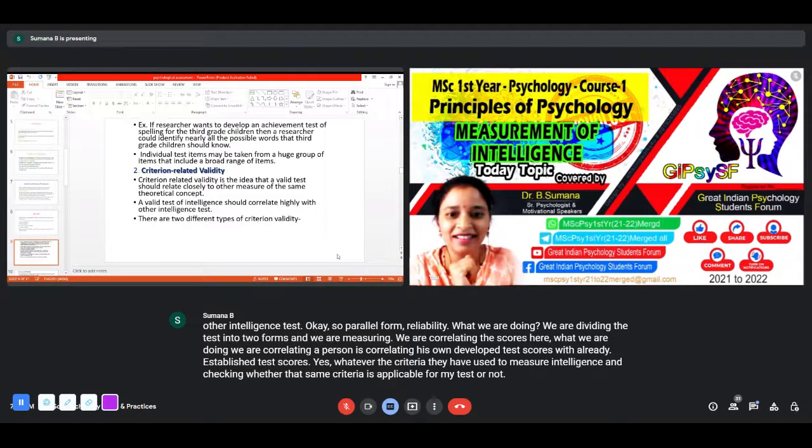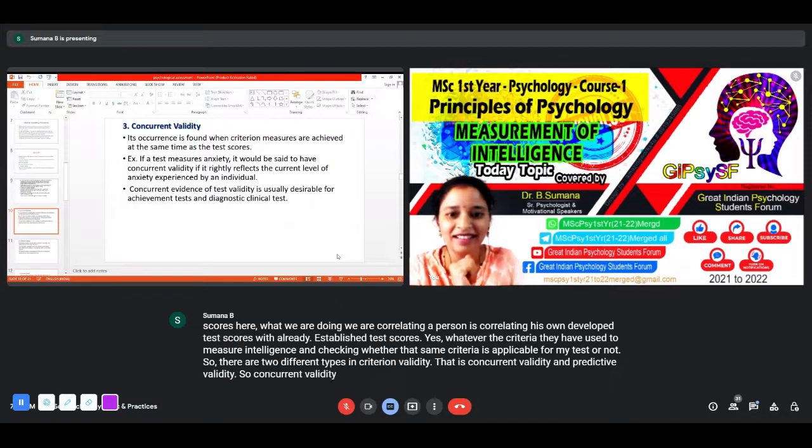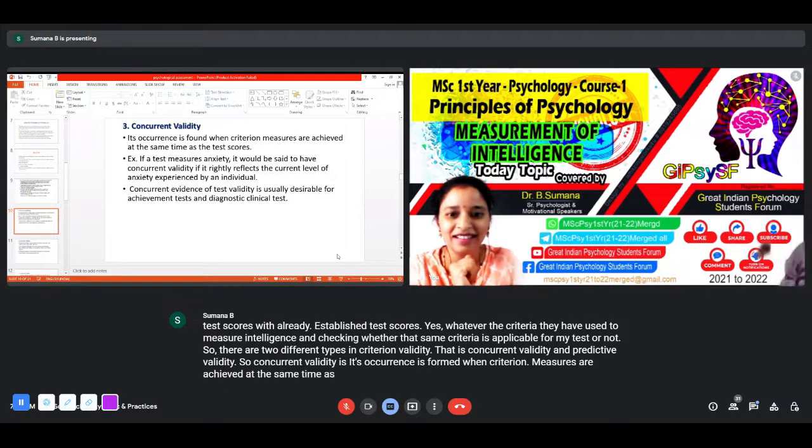There are two different types in criterion validity: concurrent validity and predictive validity. Concurrent validity occurs when criterion measures are achieved at the same time as the test scores.